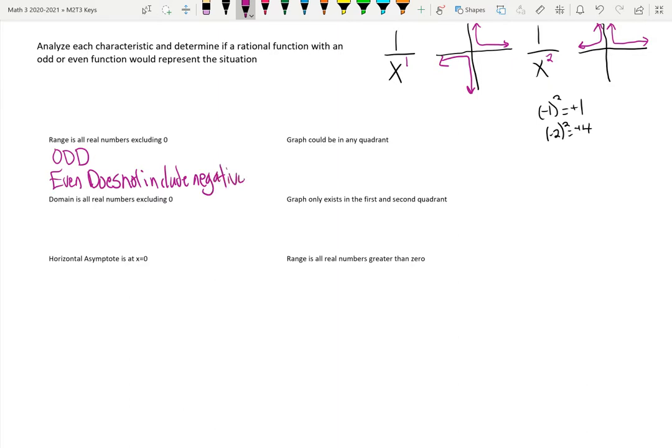That is the reason that it is only odd. Now, the graph could be in any quadrant. Looking at it, you can go ahead and see that it's going to be the odd. If I reflect it, it could be in either one. You could also make the argument that if you reflect an even, it can be there as well.